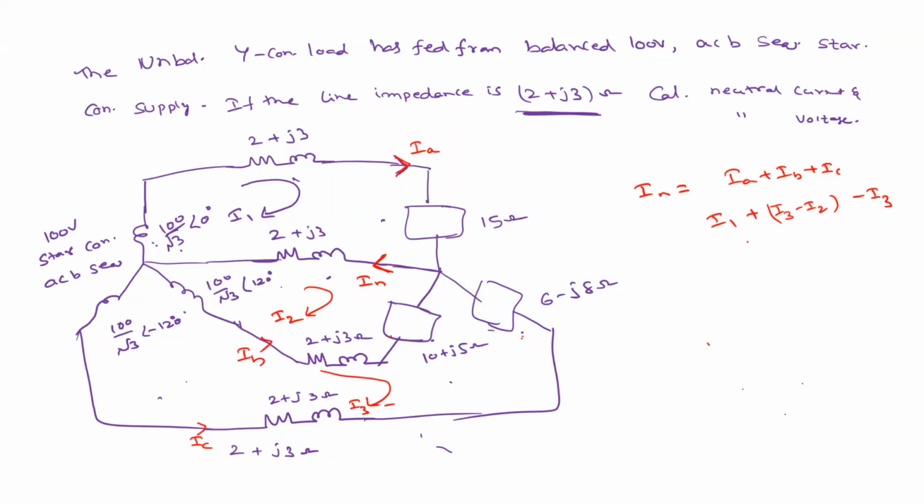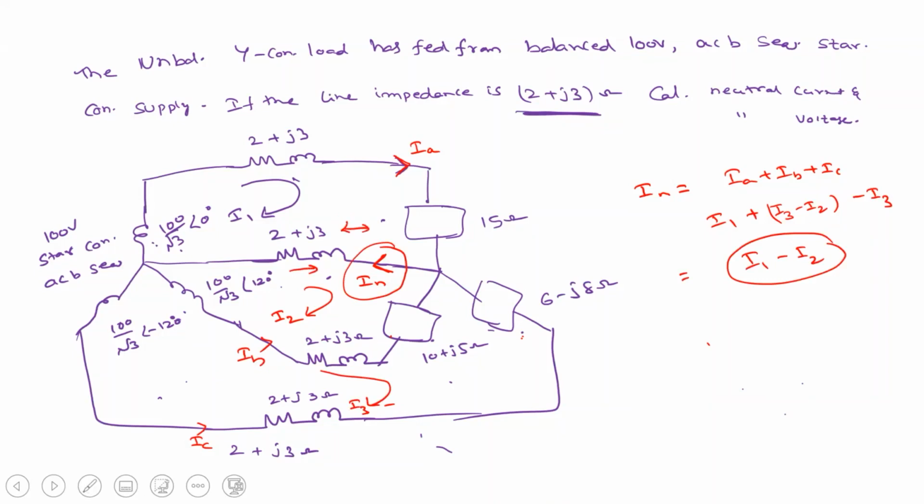So how much are you getting? I1 minus I2. If you notice, this is the current IN, right? What is IN here? This current is flowing like this. What is IN? I1 minus I2.